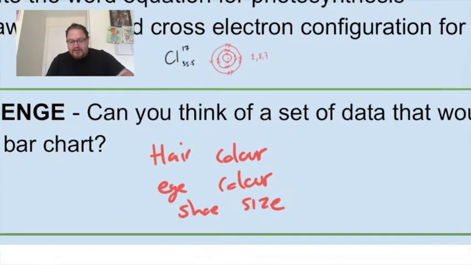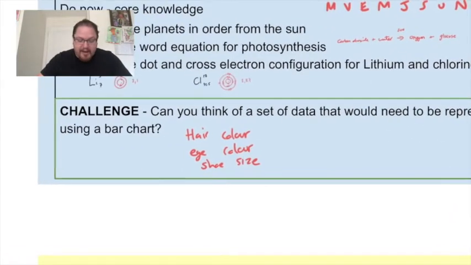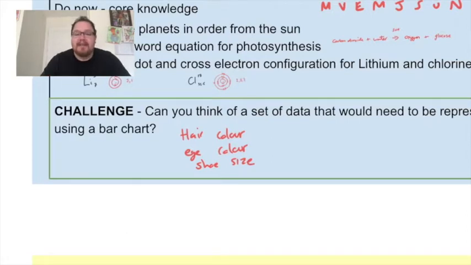Your challenge question: can you think of a set of data that would need to be represented by a bar chart? Well, we're going to have categories. It's called categoric data. So things like hair color, eye color or shoe size, anything with a distinct category that can't be point something. If you were measuring my height, it would be around 1.5 meters, but you could be more accurate and say 1.52 meters or 1.523.